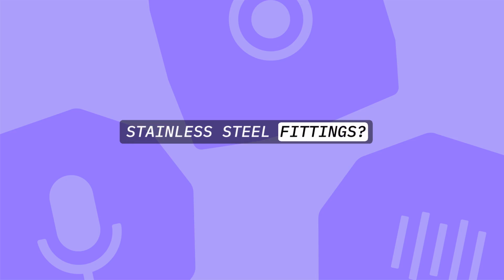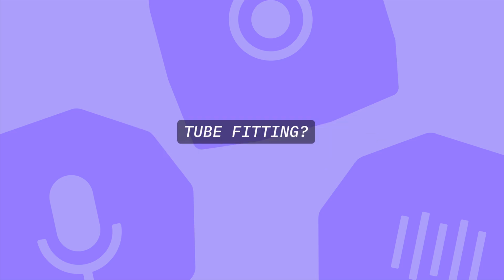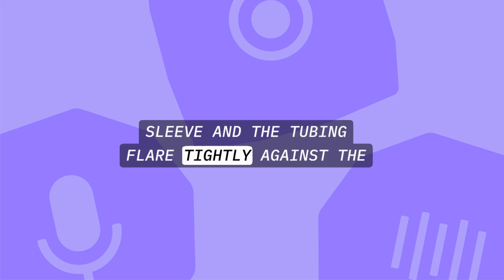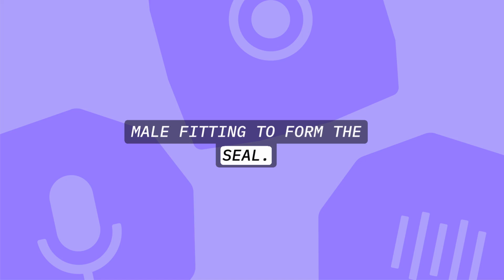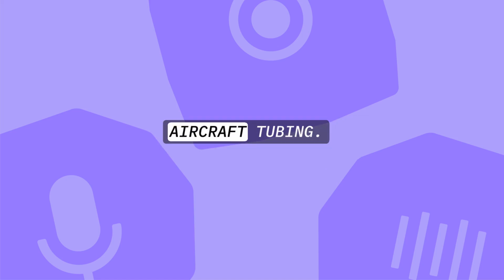Stainless steel fittings. What is the function of the sleeve on a flared tube fitting? The nut fits over the sleeve and draws the sleeve and the tubing flare tightly against the male fitting to form the seal.